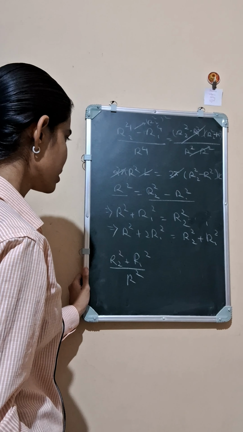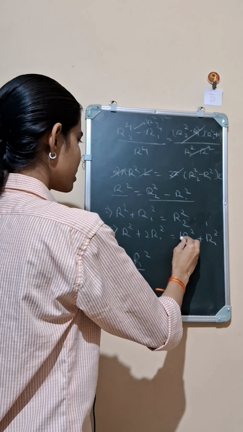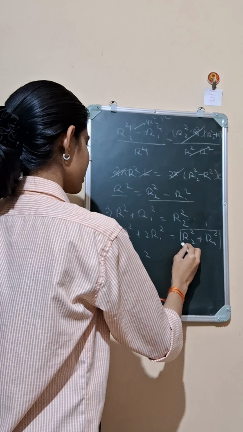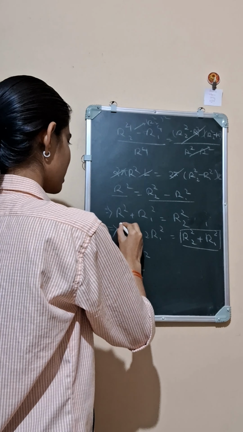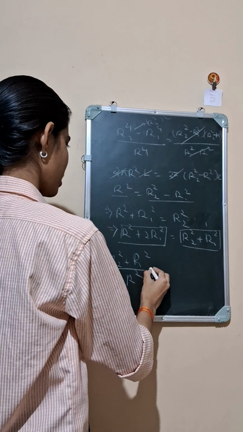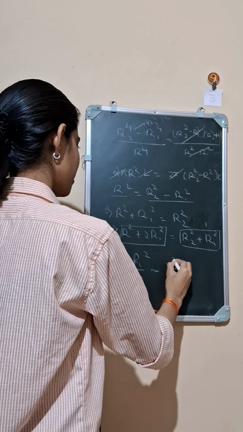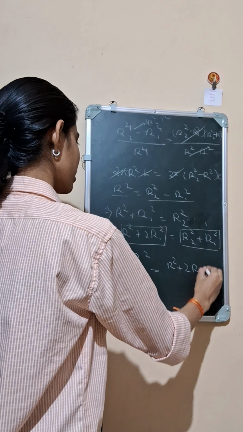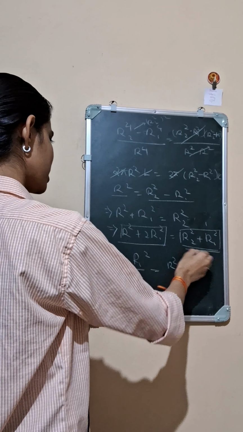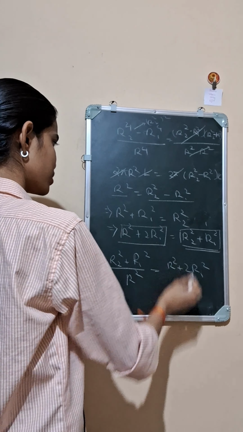Here I can see that r2 square plus r1 square equals r square plus 2 r1 square.